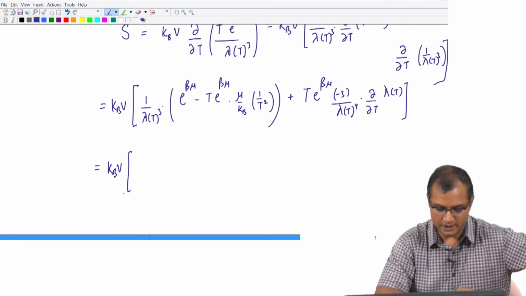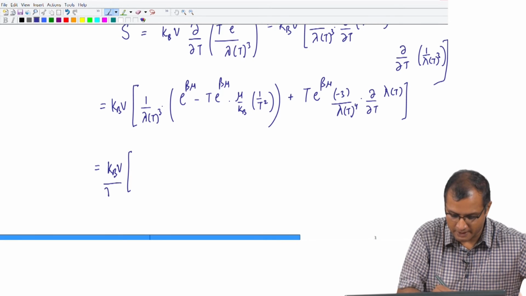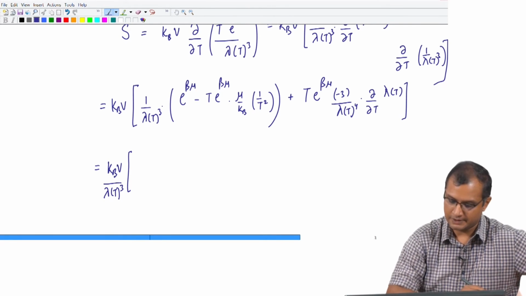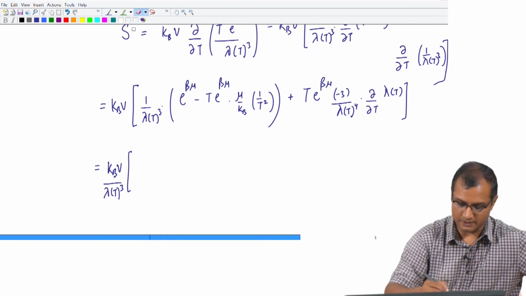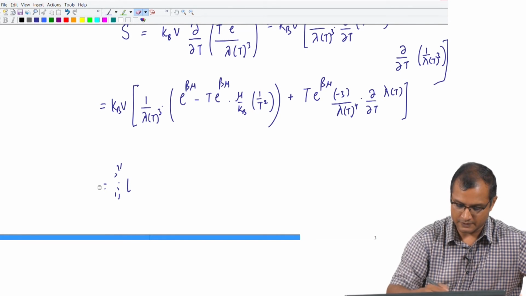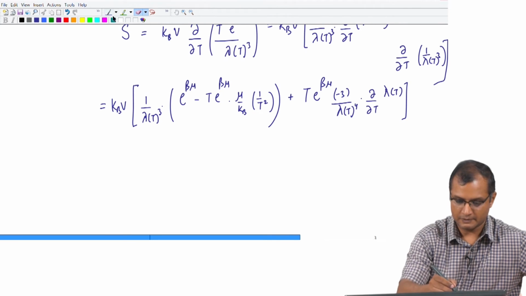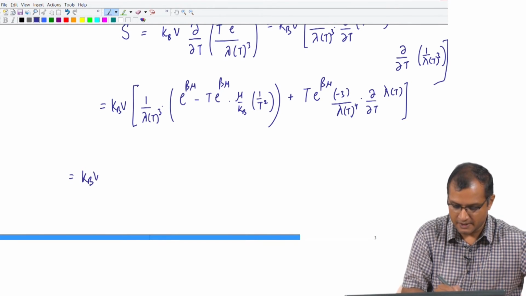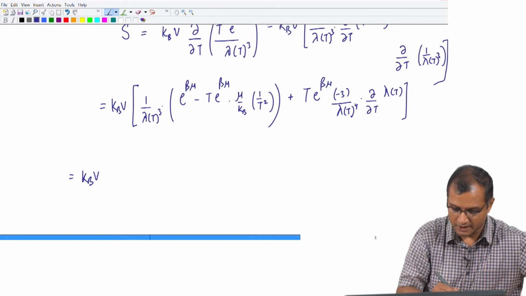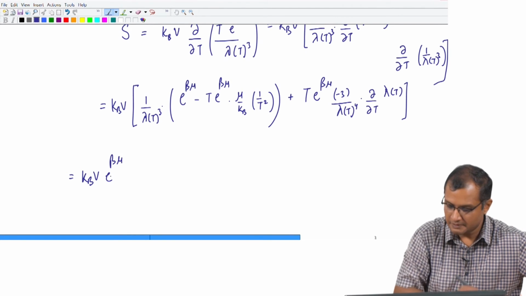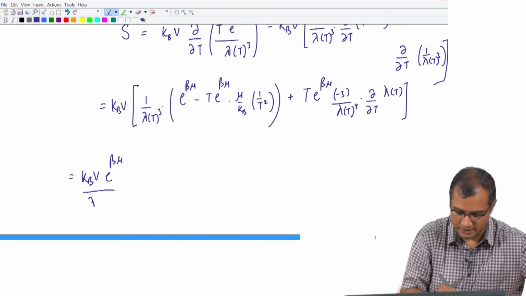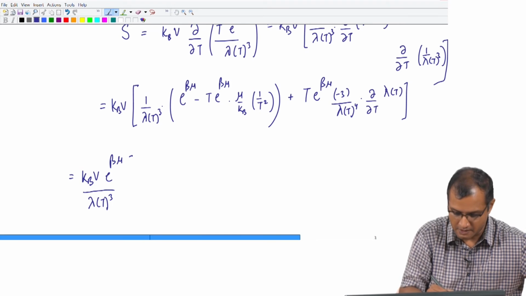So, what I will take out is basically lambda T to the power 3 outside. In fact, I can take quite a few things outside. I can take e raised to beta mu outside everywhere, and I can also take lambda T to the power 3 outside.